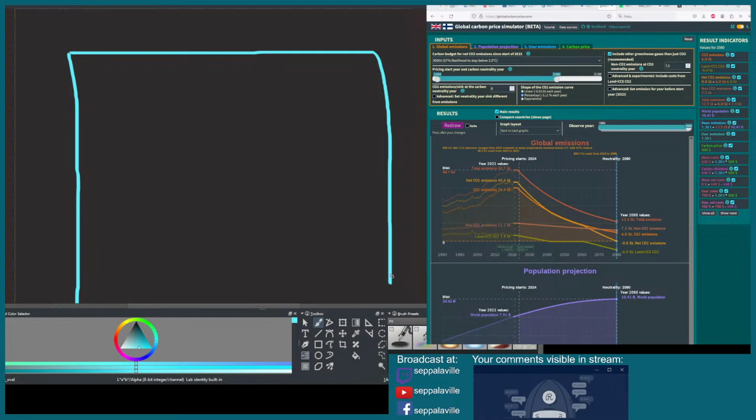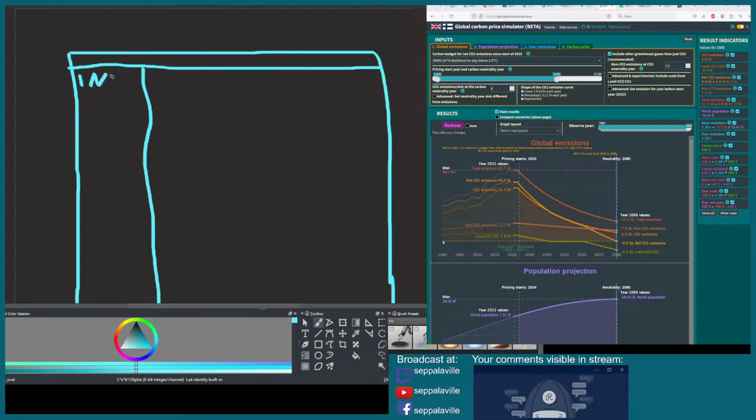So yeah, maybe we keep some kind of header here. I think it's nice to have, and then have the input buttons here.